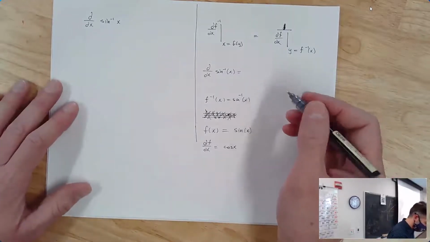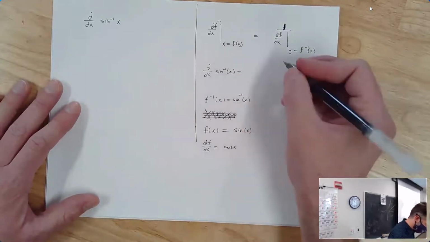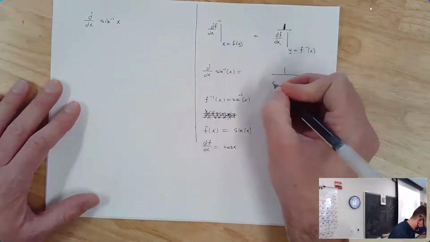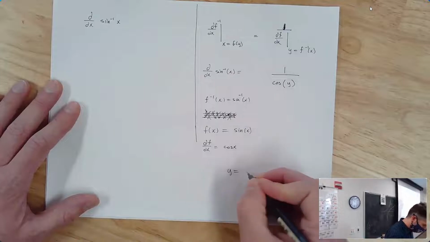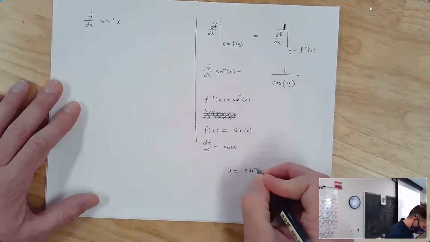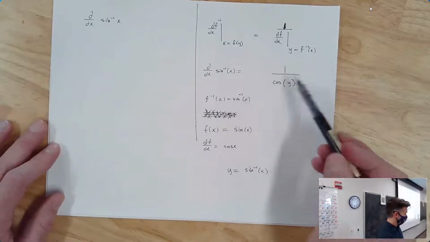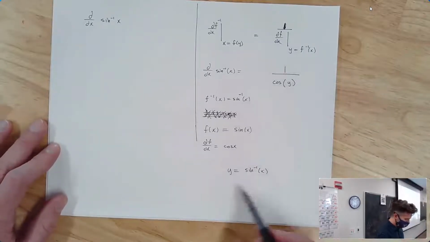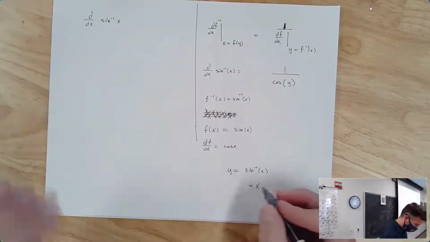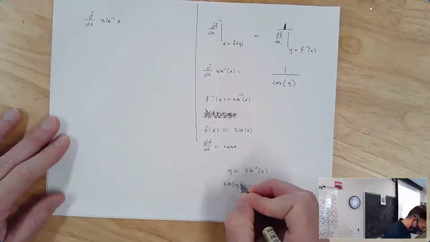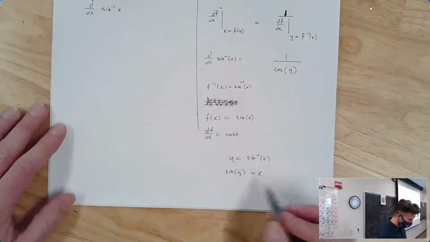So I'm going to write it this way: 1 over cosine of y, where y is equal to my inverse sine of x. But I'd really like this to be in terms of x. So I'm going to solve for x here. Sine of y is equal to x.